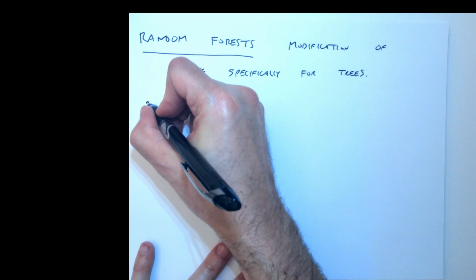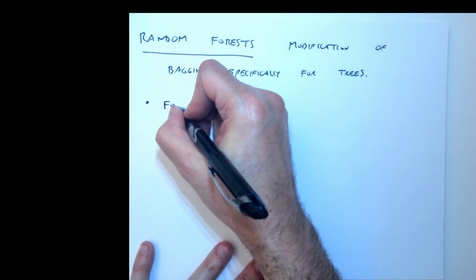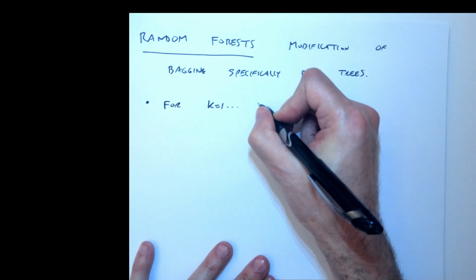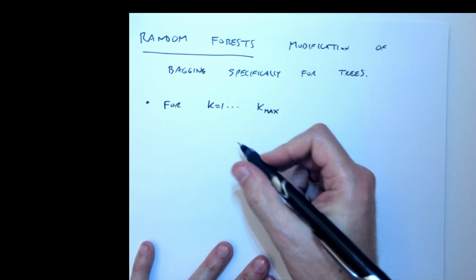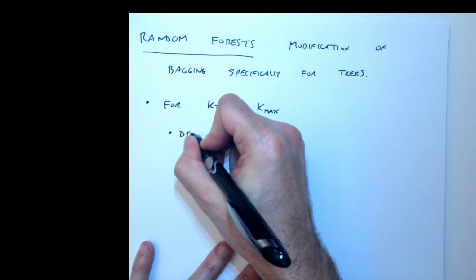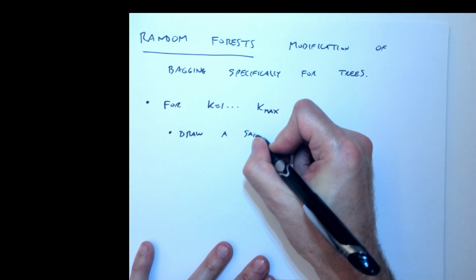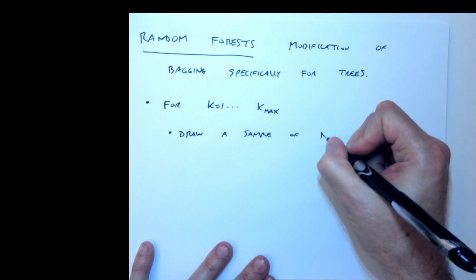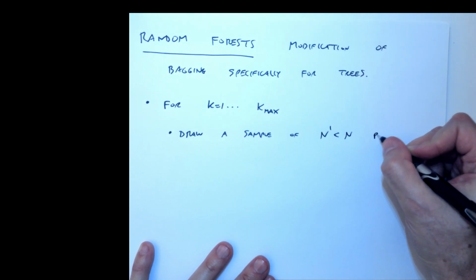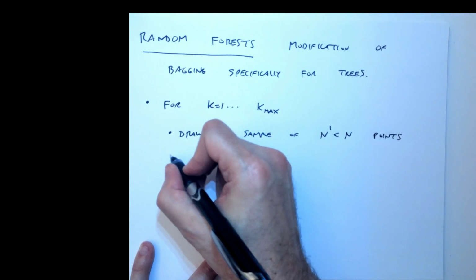So the simple algorithm for random forests is for k equals 1 to the number of trees, I draw a sample of some number of training data points.